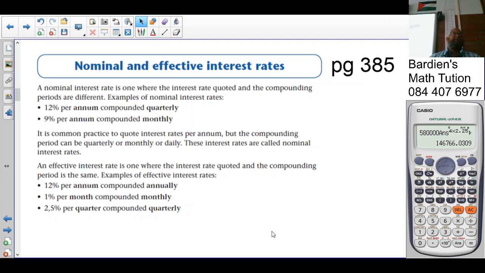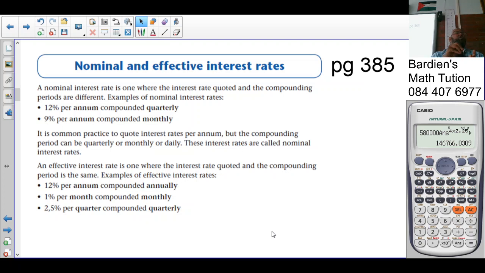But to us, an effective interest rate is something that is compounded yearly. You see that if it says 1% per month compounded monthly, then the yearly interest rate on that is straight as 12% compounded annually. Does it make sense? You see, if the compounding and the interest rate period are the same, so if it's per annum, what is that?